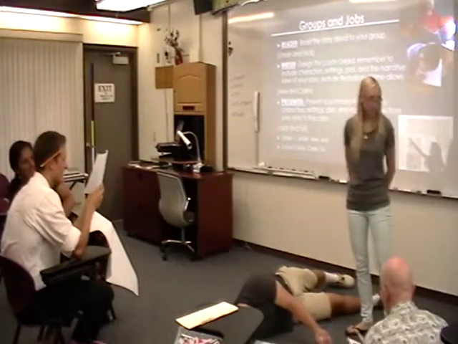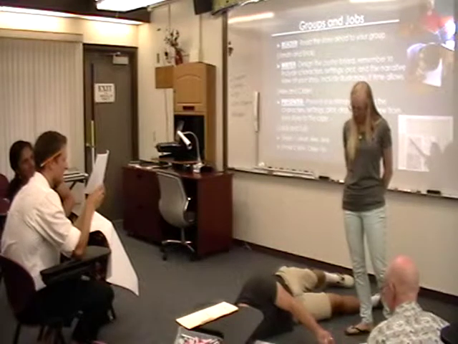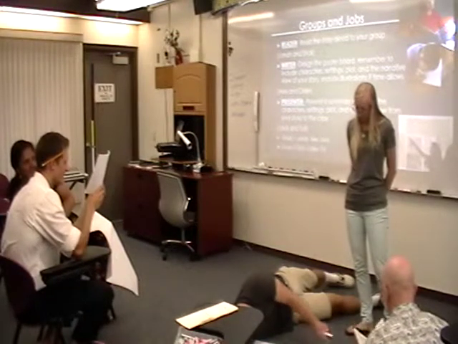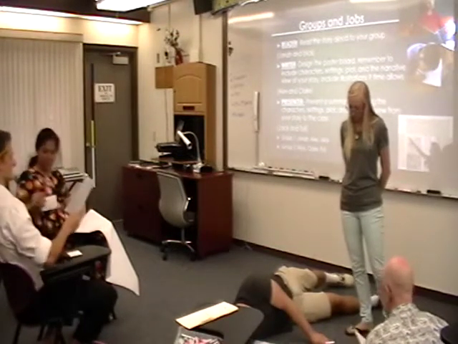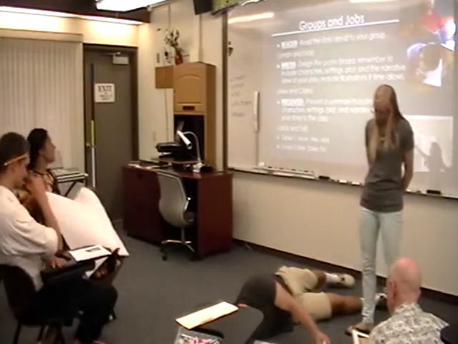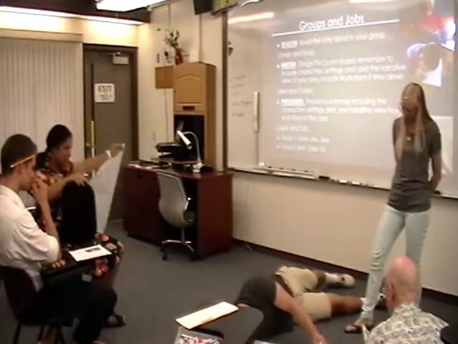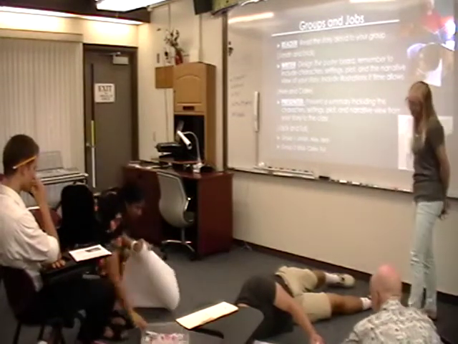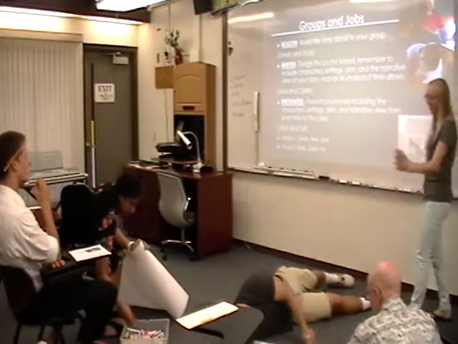I liked how you divided the jobs. They were thinking. So Jack, explain your poster, what you wrote on it. Okay, so, is that him in jail? Why are you sprawled?